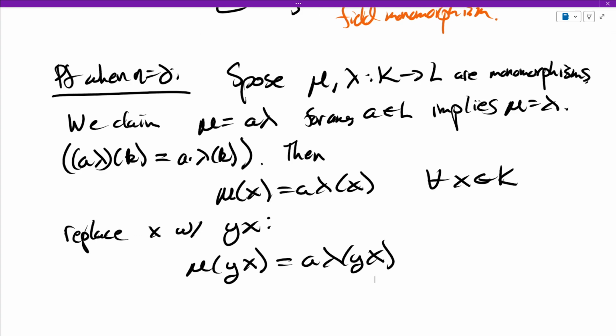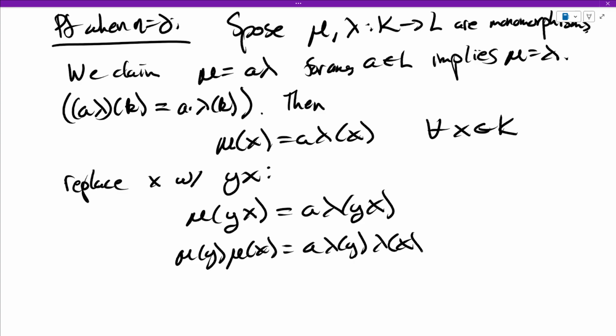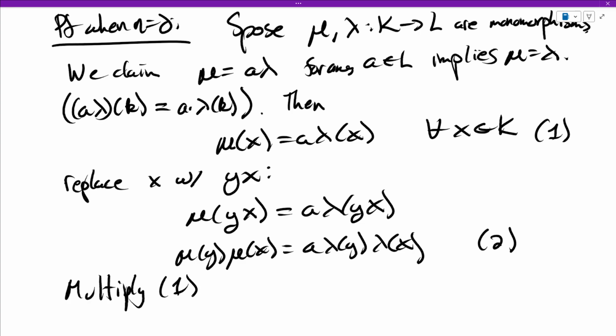But now we're going to use the field structure. Right? So what do we get from this? We get that mu of y times mu of x should be a lambda of y, lambda of x. Okay, so here's one equation. I'll call this one up here 1, and this one 2. Let's also multiply 1 by lambda of y.